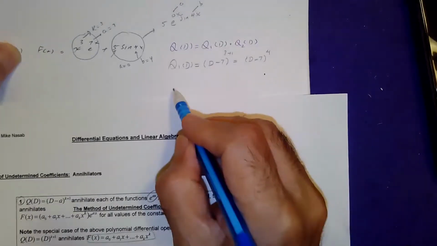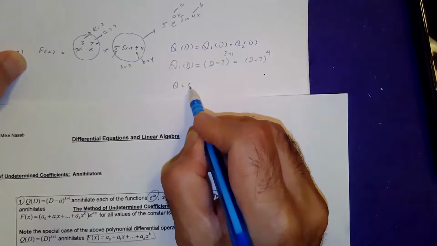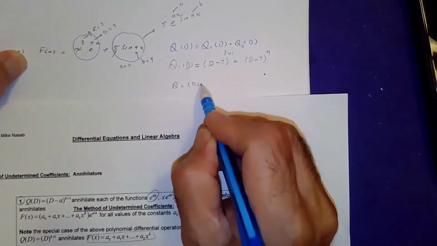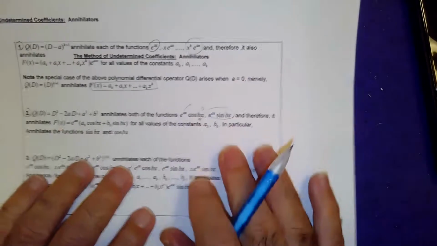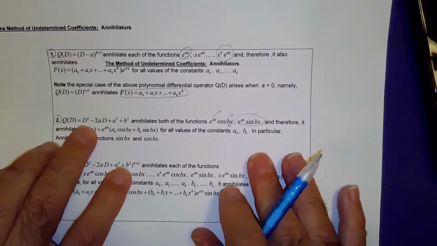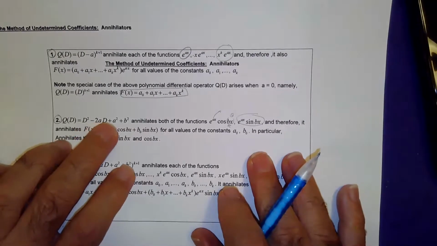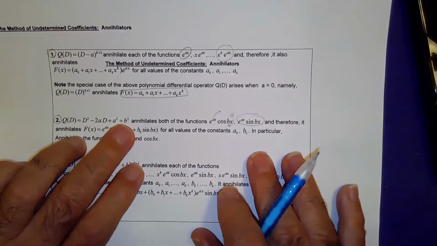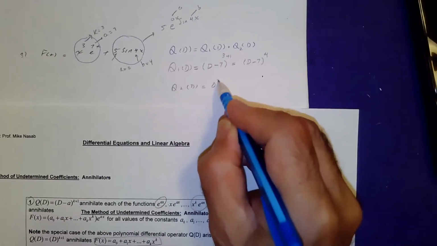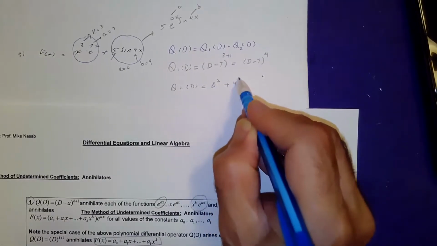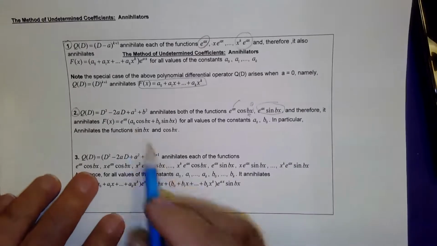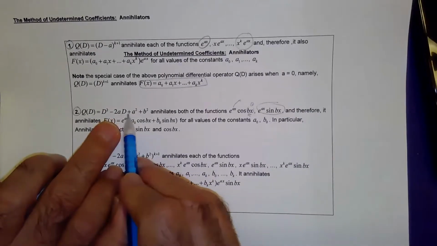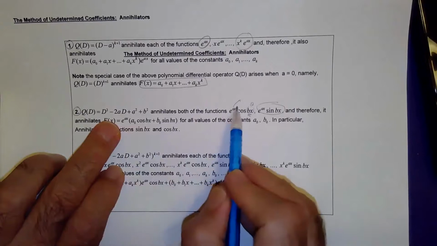So what's the annihilator for 5 times sine of 4x? It is D squared minus 2a times D plus a squared plus b squared. But my a is 0, so I get D squared plus 4 squared, because these middle terms are 0 since a is 0.